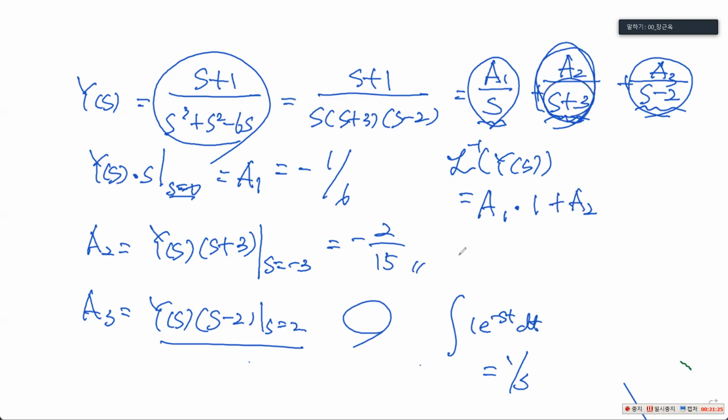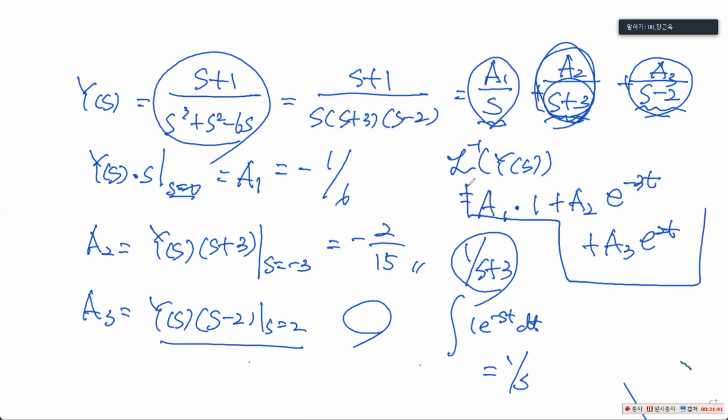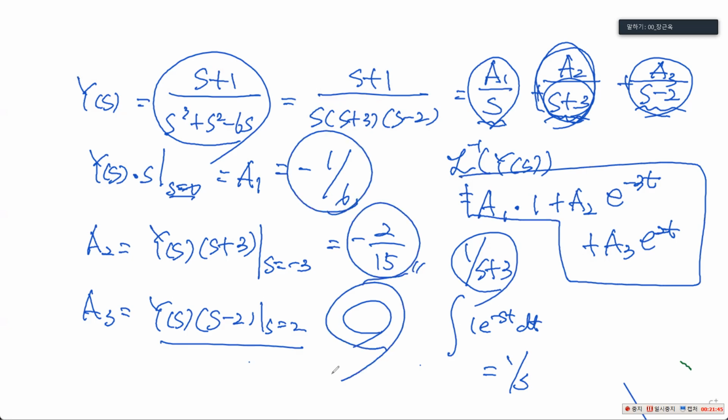What is inverse transformation of 1 over s plus 3? We already studied the s shifting theorem, so it gives e to the minus 3t, plus A3 e to the 2t. Okay, and we calculate the A1, A2, A3 here. We put it there, then we can have the inverse transformation.